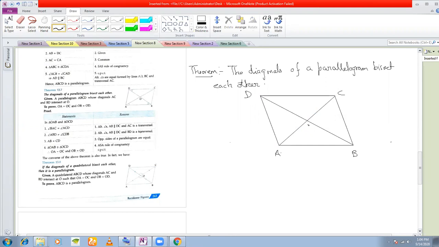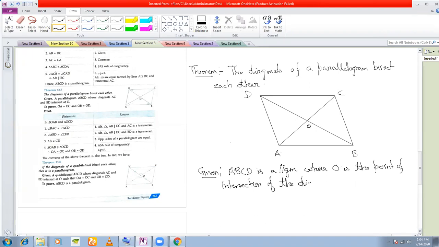Call the point of intersection O. So given, ABCD is a parallelogram, where O is the point of intersection of the diagonals AC and BD.